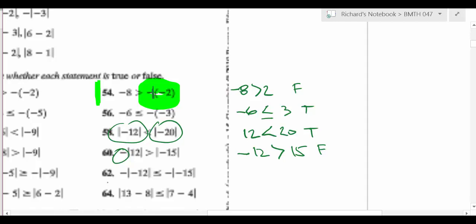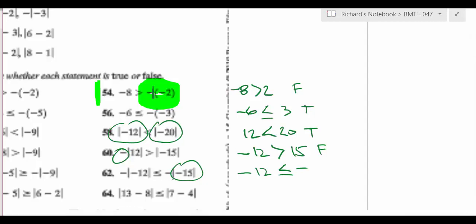Next, question 62. I've got another negative sign in front of an absolute value sign, so I write that down first. Then the absolute value of negative 12 is 12. Is that less than or equal to, again with a negative sign outside the absolute value signs, the absolute value of negative 15, which is plus 15?